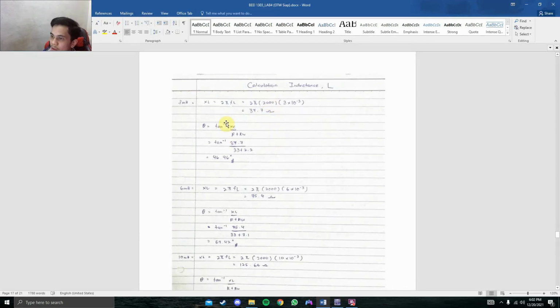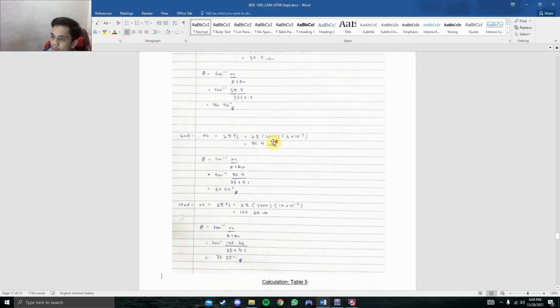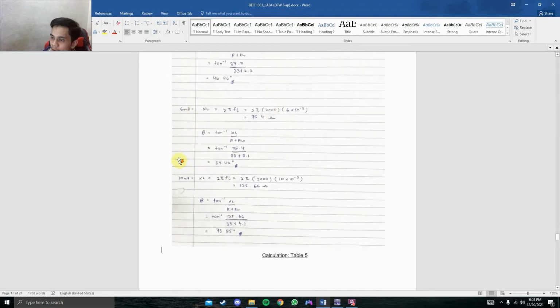Then we find the phase angle equal to tan inverse of XL over R, resistor plus winding resistance, tan inverse of 37.7 over 33 plus 2.2 ohm. Then we get here 46.96 degree. Then we do the same for 6 millihenry and 10 millihenry.